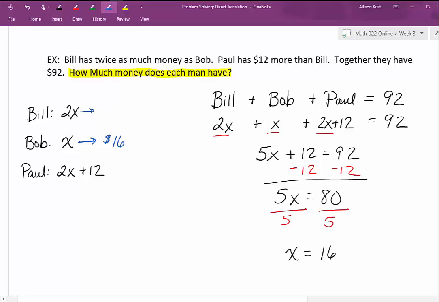Bill has 2 times x, which is $32. And then Paul, he has 2 times 16 plus $12 to give $44. Here's our solution.